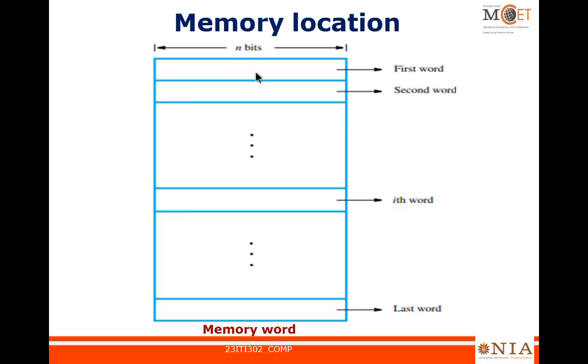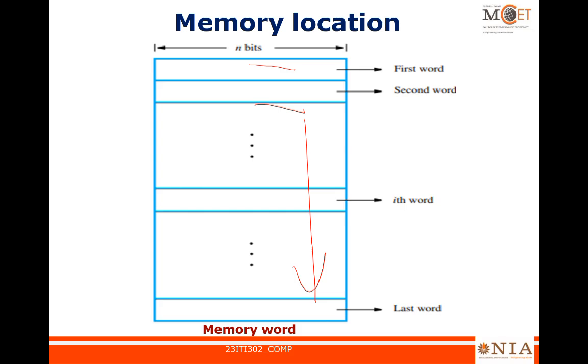Here the first word is the top first block, then the second, and so on to the last word. So we can see how the words have been allocated, with respect to the memory address we already saw. So the first word, second word, eighth word and the last word access these memory locations.